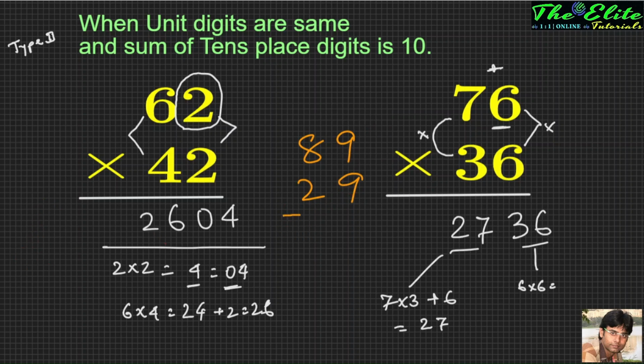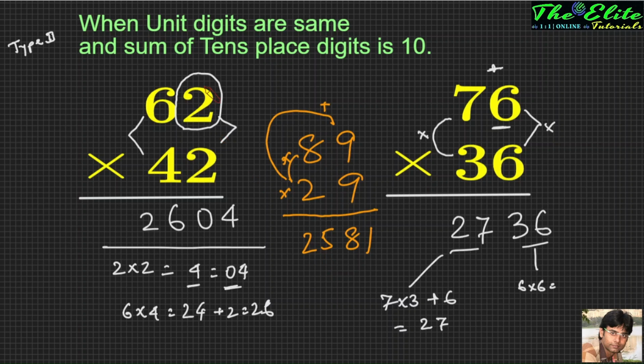Now, what will you do? Yes, I think you can do it now. 9 times 9 will give you 81, and 8 times 2 is 16, and that 16 will be added to this 9. So 8 times 2 is 16 plus 9. How much? Yes, 25. So 25, 81 will be the answer to this.